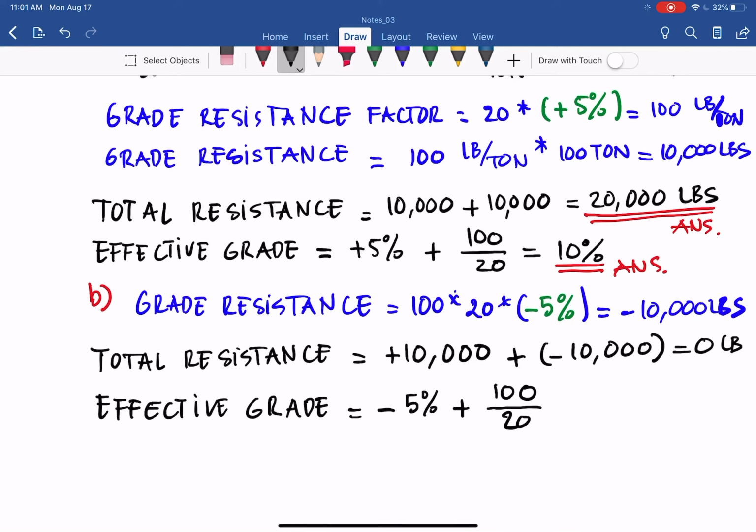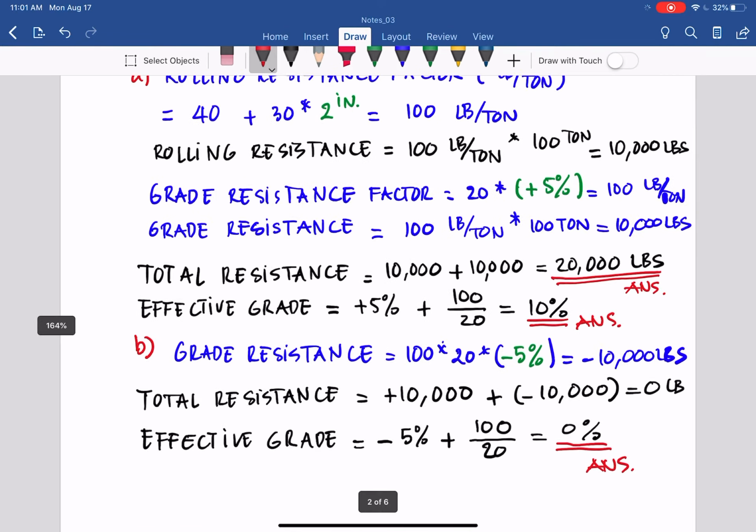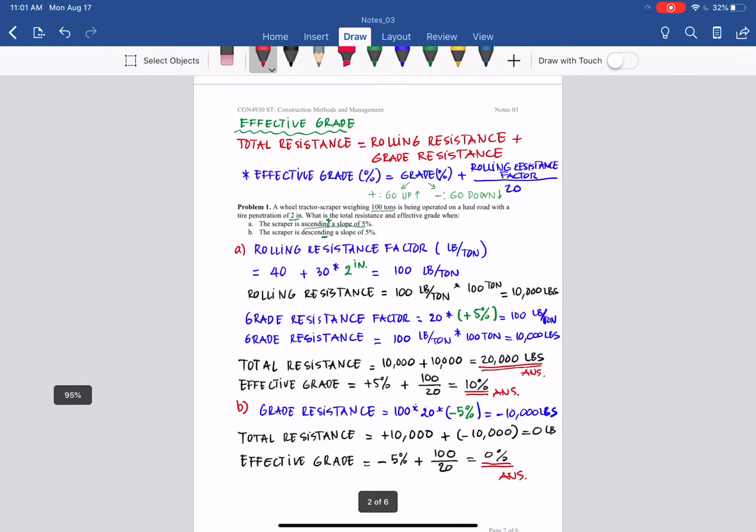So 5 minus 5 will be 0%. What does that mean? It's equivalent to the equipment going on level, horizontal ground while descending. So that's done for problem 1.